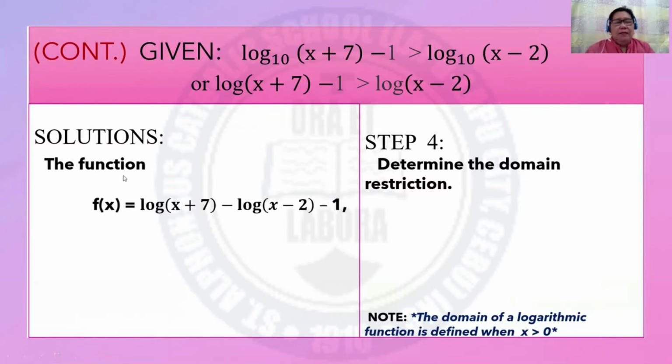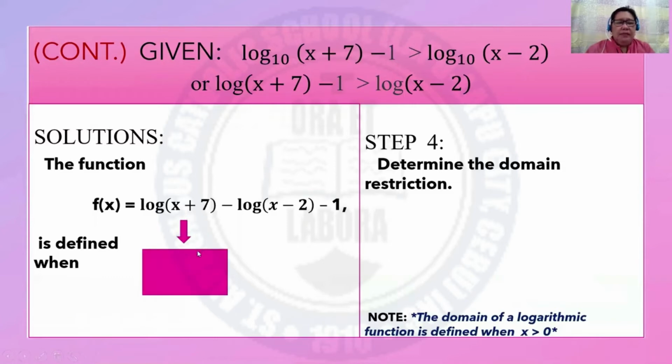So the function f of x is equal to the logarithm of the quantity x plus 7 minus the logarithm of the quantity x minus 2 minus 1 is defined when x plus 7 is greater than 0 and x minus 2 is greater than 0.